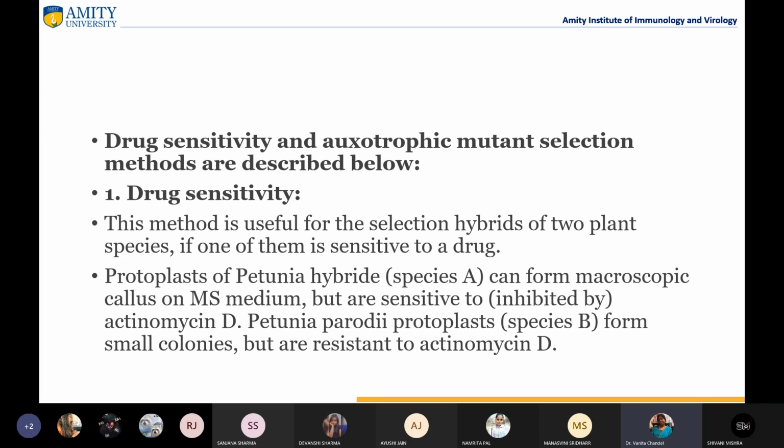For example, drug sensitivity. This method is sometimes used for selection of hybrids of two plant species if one is sensitive to the drug and the other one is not sensitive, right? So, for example, the protoplast of Petunia hybrida, which is species A, can form macroscopic callus on the MS medium, but is sensitive, or inhibited, by actinomycin D. Whereas the Petunia parodii protoplast, species B, forms small colonies but is resistant to actinomycin D. So both have a different type of requirement.